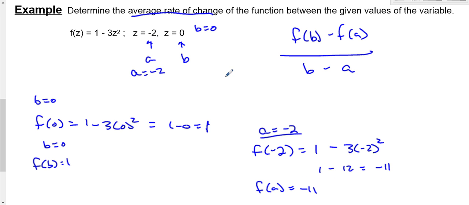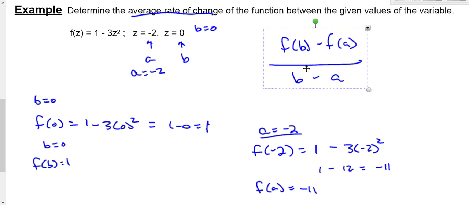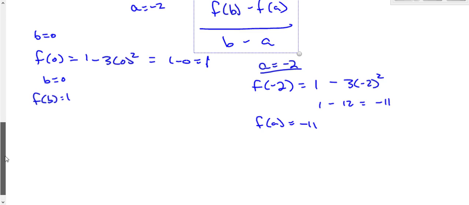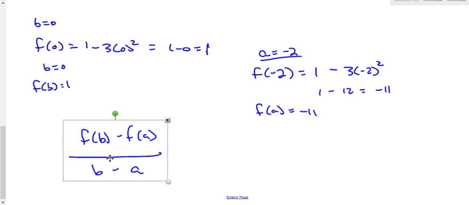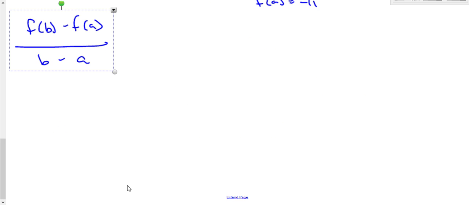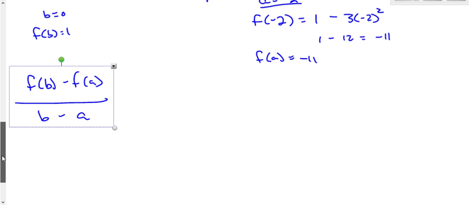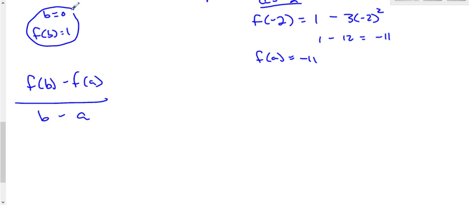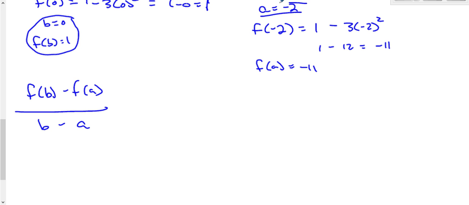So now I'm going to plug into the formula for average rate of change. So I'm going to give myself some space here. All right. And we already have our values for b and f of b, and we have our values of a and f of a.